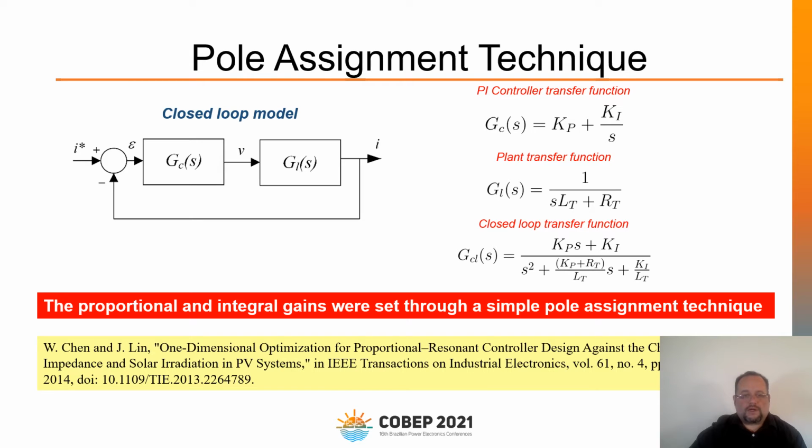The proportional integral gains were set through a simple pole assignment technique. As reference, we have the paper of Chen and Lim, where this technique was applied to a proportional resonant controller.